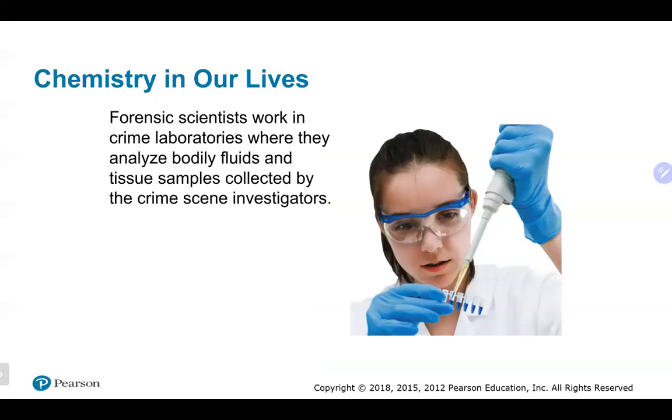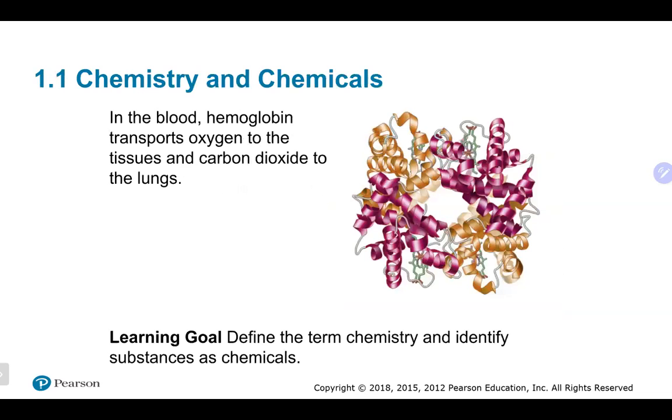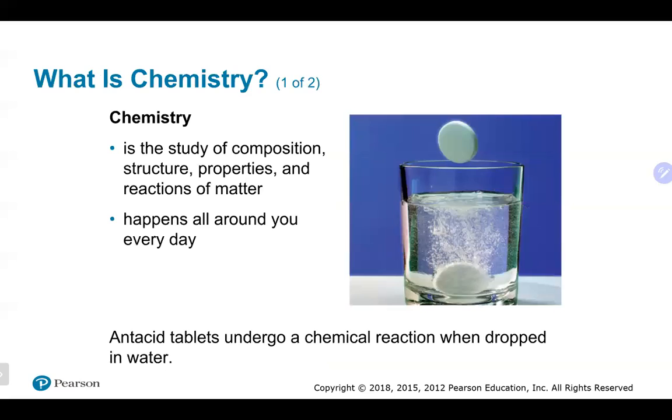So obviously, as we've been talking about, chemistry does impact all kinds of areas of our life. Crime labs, obviously, use chemistry. Regular labs, even food things use chemistry. There's food chemistry and that type of stuff. As we talked about before, all of chemistry really revolves around the study of matter.